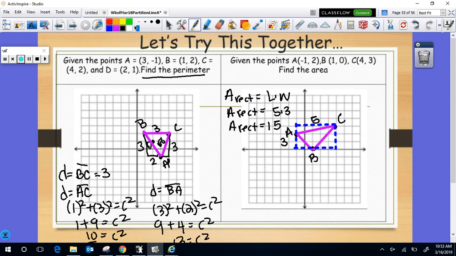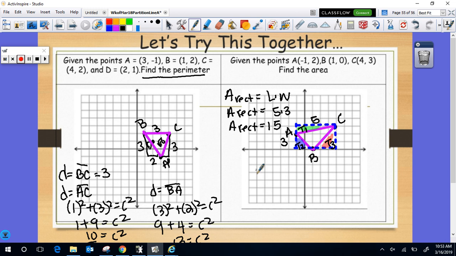Now that we found that, we have 3 other triangles inside of it. We have this triangle, that green one, and then we have this blue one, and then we have this red one here. So I'm going to call this, let me do it in black, triangle 1, triangle 2, and triangle 3.